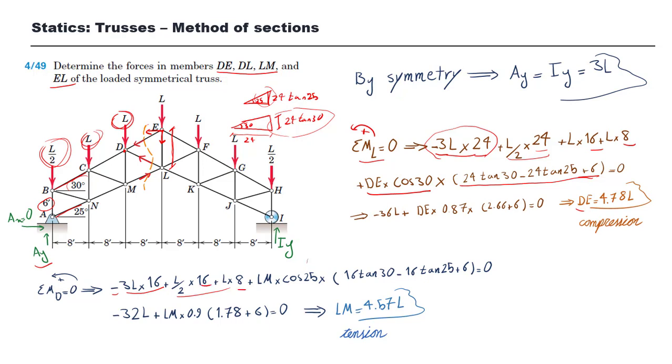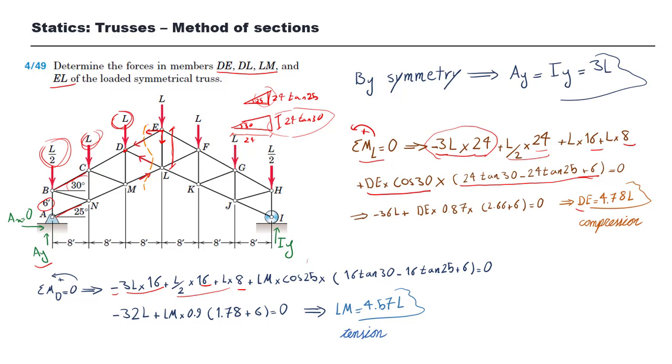And finally, our internal force LM, which is causing moment about point D, and the two other members don't cause any moment about point D because they are intersecting at point D or passing through point D.